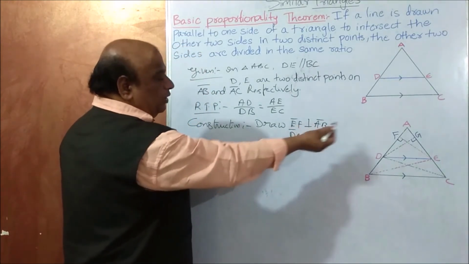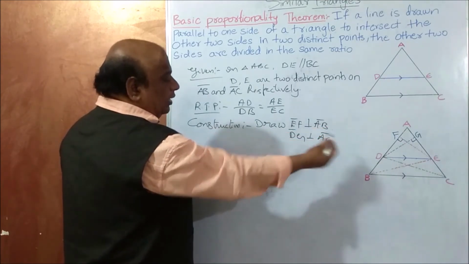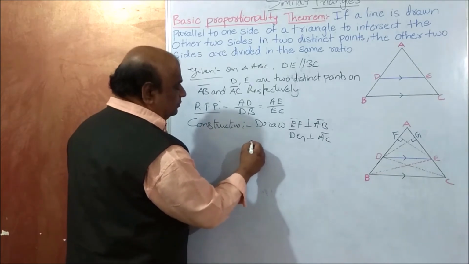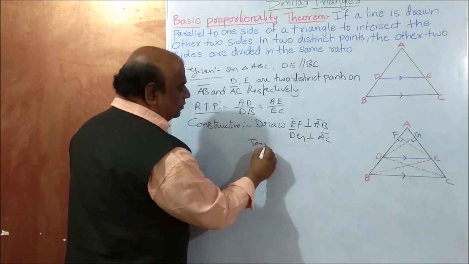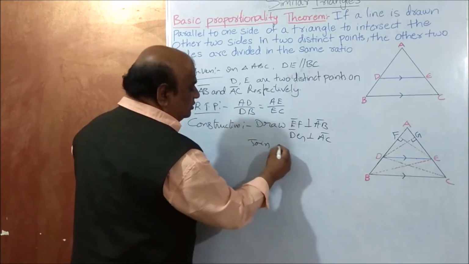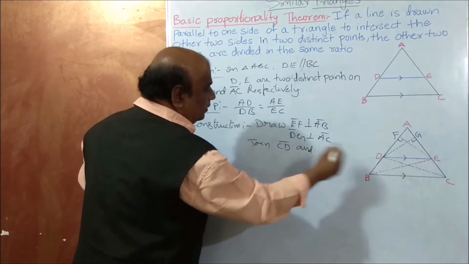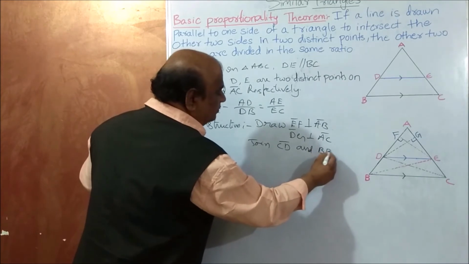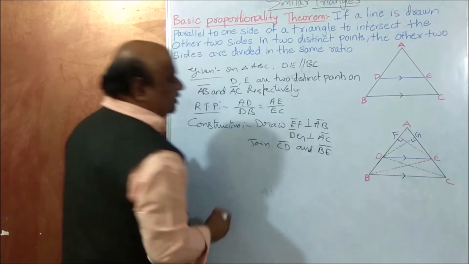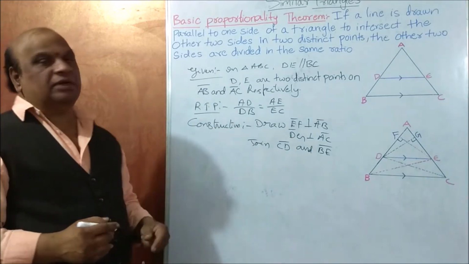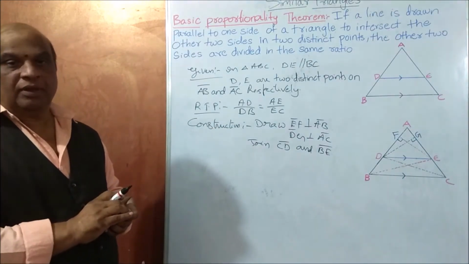So EF perpendicular to AB and DG perpendicular to AC, and join CD and BE. This is the construction part. In the second method, the construction part is important.